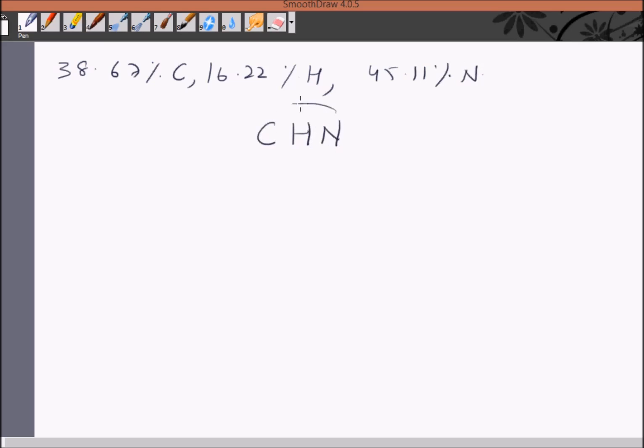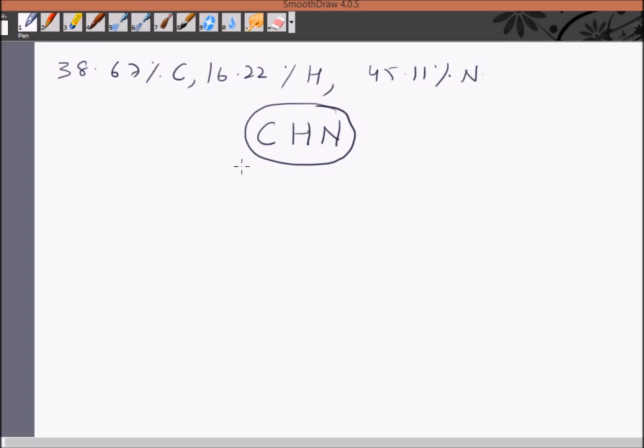Let's suppose we have to calculate for the compound composed of 38.67% of carbon and 16.22% of hydrogen and 45.11% of nitrogen. So actually what we have is CHN. This is the actual element composition.